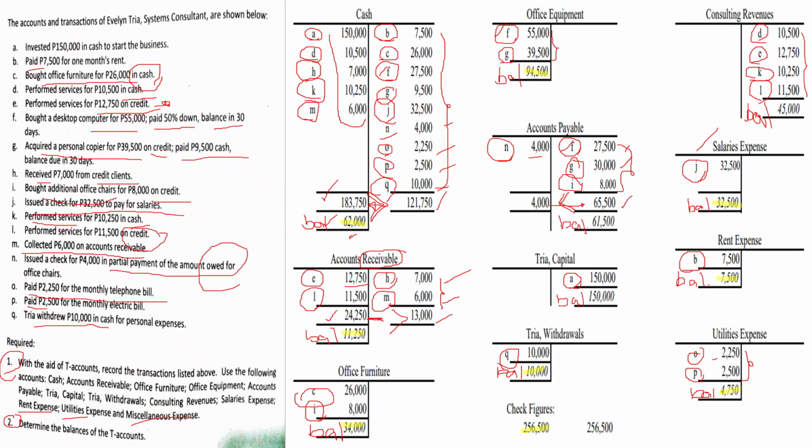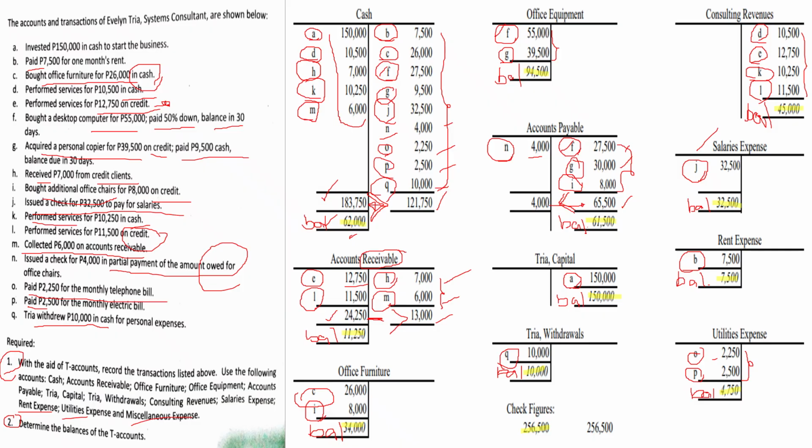Then let's also add all credits. We have credit balances, okay? So we add all credit balances. So those with credit balances, we have accounts payable, 61.5. Then we have 150 here, and then we have 45 here.